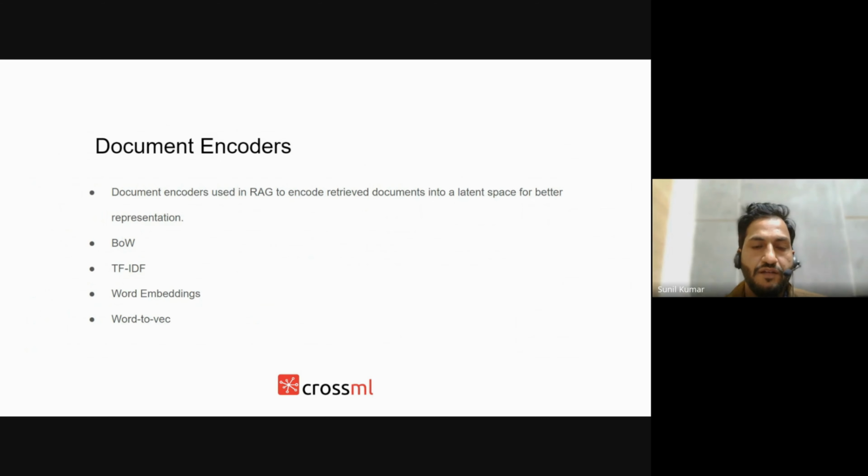For example, if I have a sentence like "I am a boy", we encode it into numerical values like 0, 1, or any numerical value that can be understood by the computer or machine. To convert text into binary or numerical format, we have different techniques like bag of words, TF-IDF, word embeddings, and word to vector.